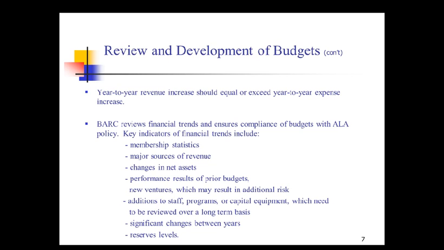Third, changes in net assets. Fourth, performance results of prior budgets, new ventures which may result in additional risk. 5, additions to staff, programs, or capital equipment which need to be reviewed over a long-term basis. 6, significant changes between years. And finally, reserve levels.